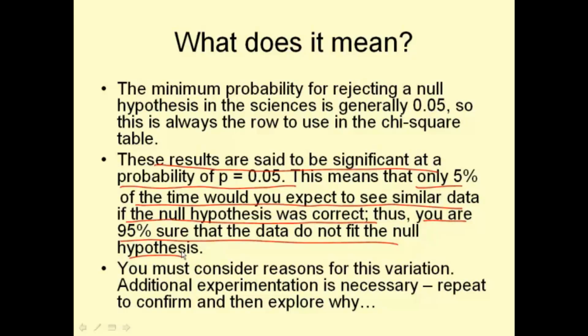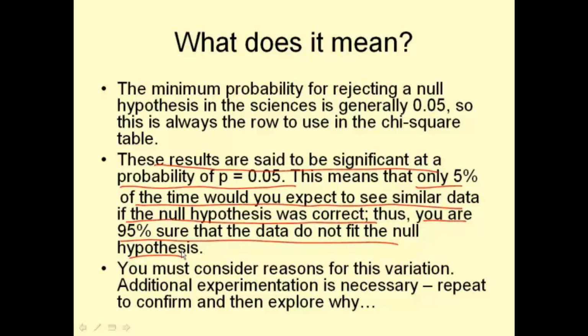So for the first calculation, it wasn't statistically significant. We accepted the null hypothesis that it was random chance. For the second calculation, it was definitely statistically significant. We had to reject the null hypothesis. It was not due to random chance.